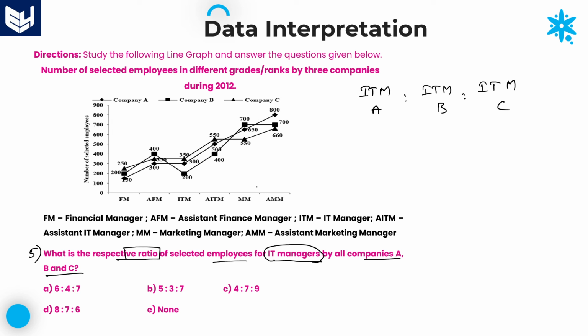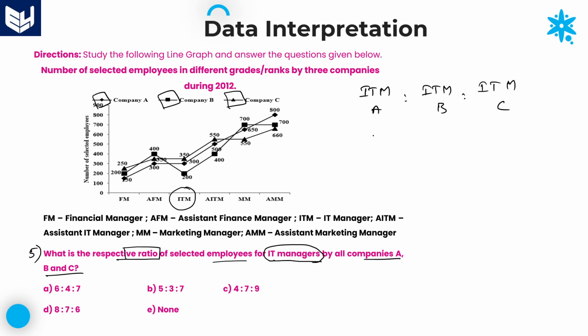Here first of all check where the IT managers are. Here is the third one. The third column is about IT managers. And when you are calculating, it is very important to take the companies in the respective format. Here company A is rhombus shape, company B is square shape, and company C is triangle shape.